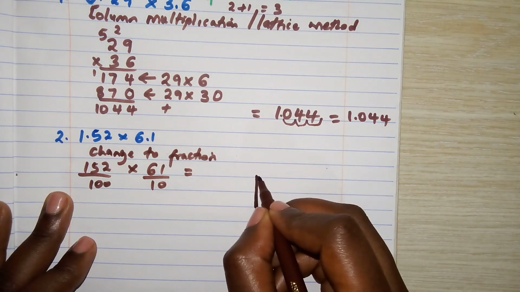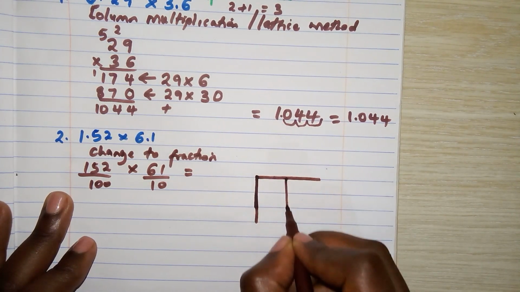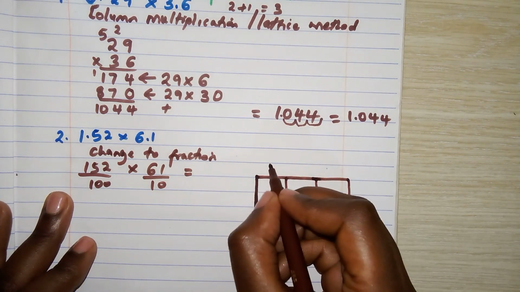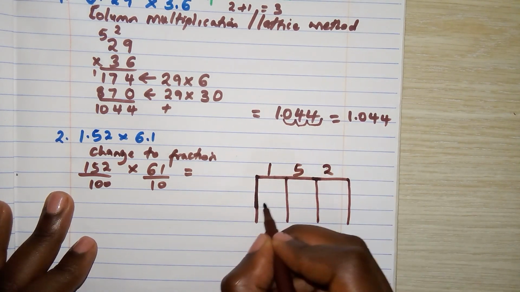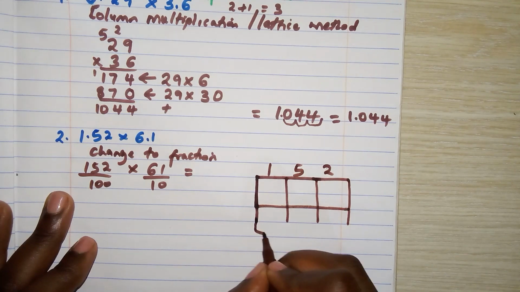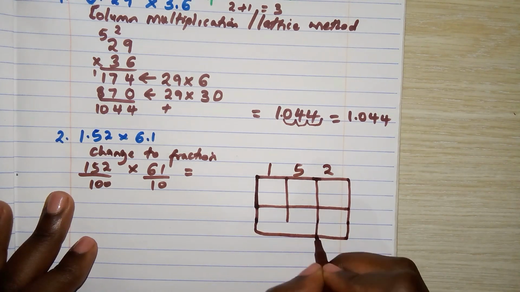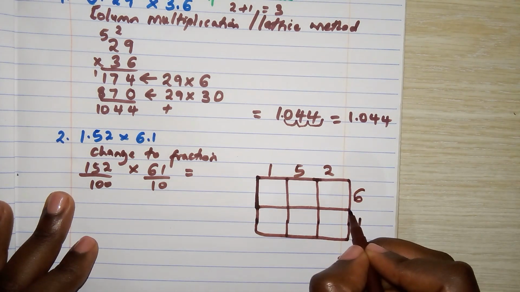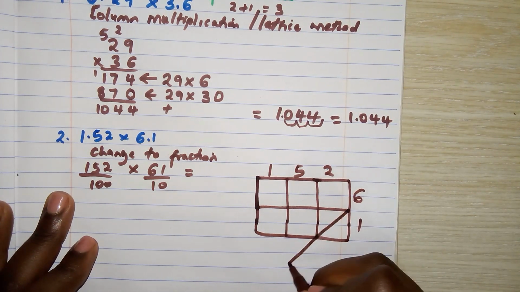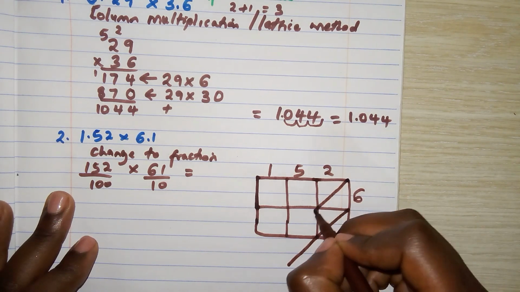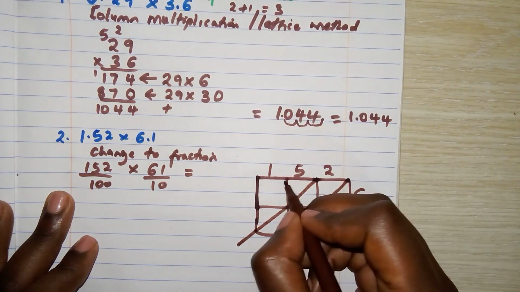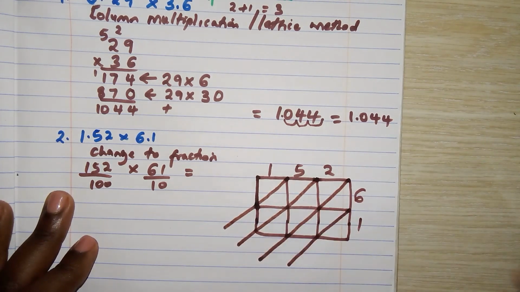So here let me use the lattice method. So we have 1, 2 and 3. 1, 5 and 2. And then here we have 6, 1. So remember, from diagonal to diagonal, then this one diagonal to diagonal, again that one diagonal to diagonal, and the last one we have that.